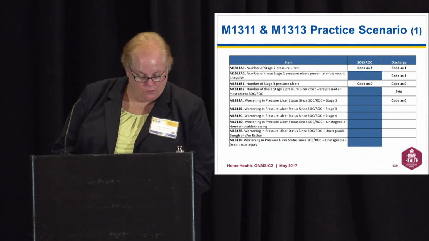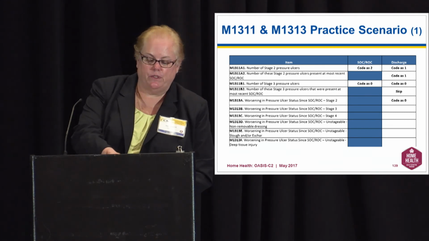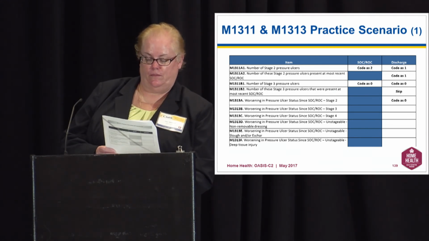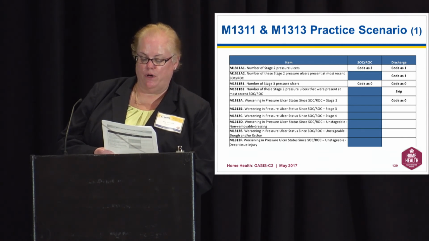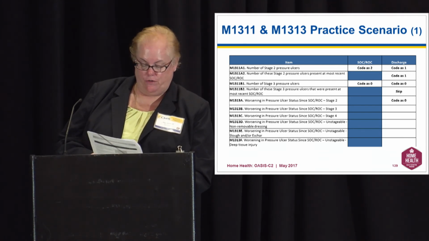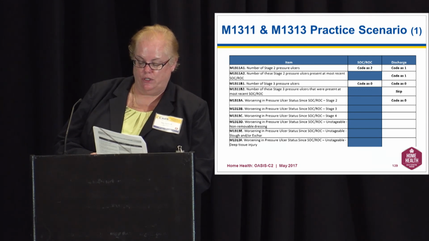Okay, so saying worsening in pressure ulcer status in Sacral stage 2. So let's see what we said here. So we have one of the ulcers is still a stage 2, correct? Right at discharge.